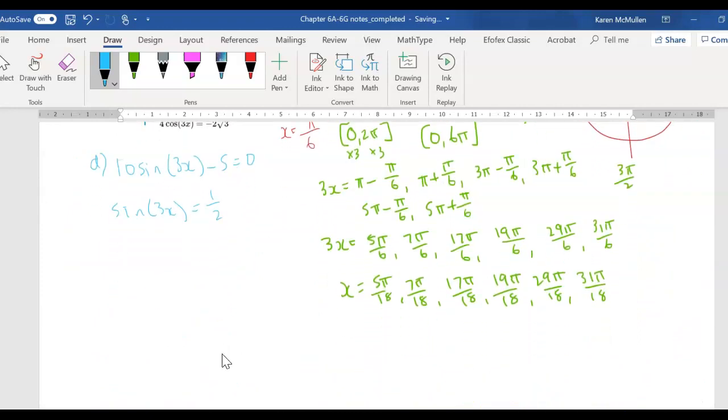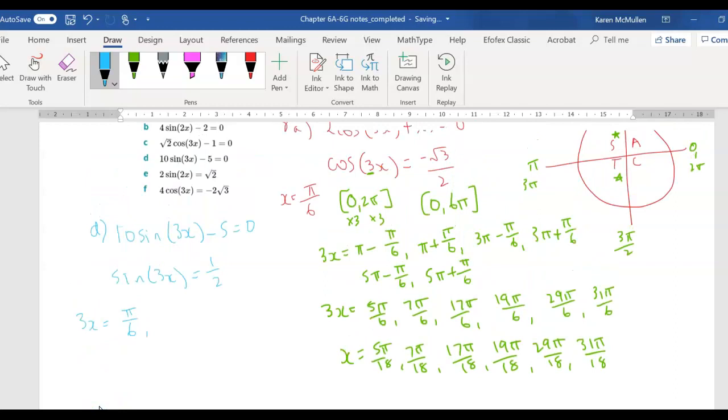So our first solution, 3x, is going to be pi on 6. Now, as I said before, if you want to change your denominator straight away, because I know I'm going to have to eventually divide by 3, you could write pi on 18. I'm going to do both at the same time just to show you how to do it.